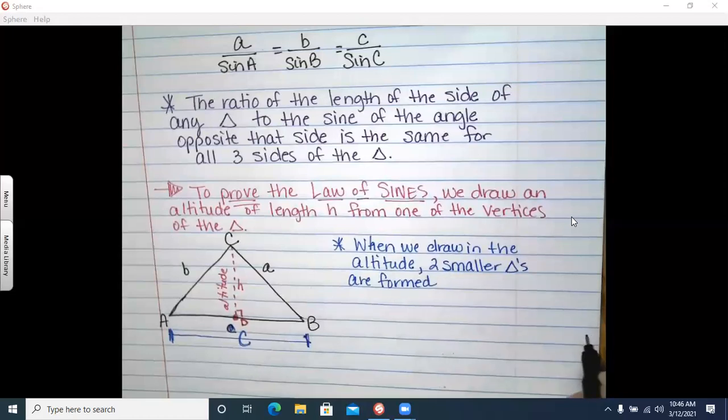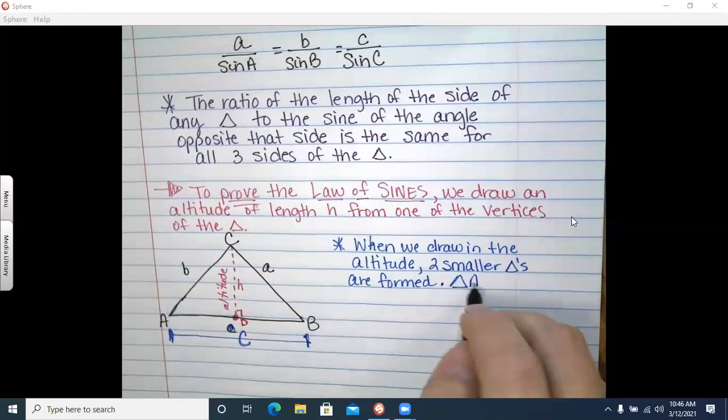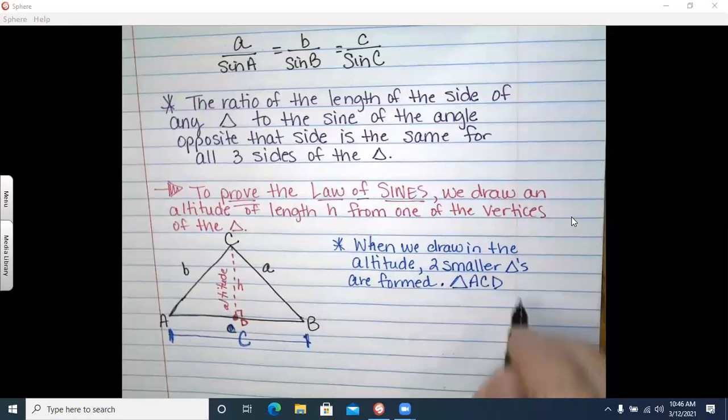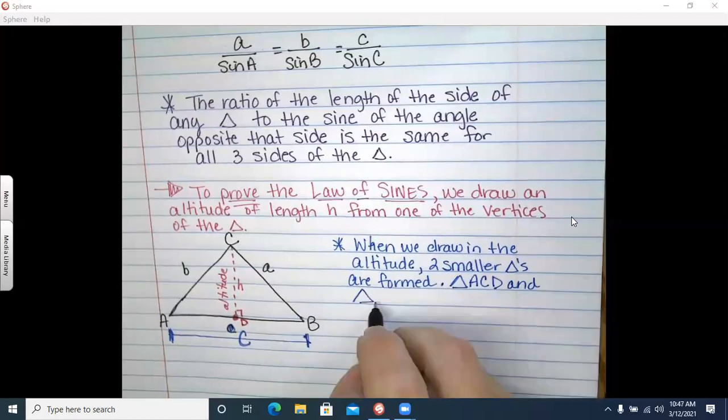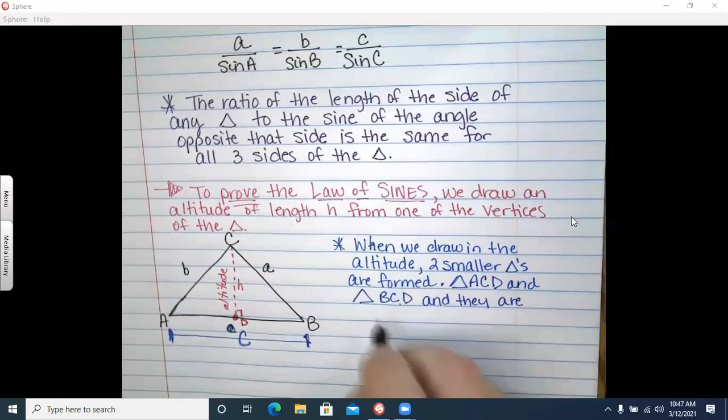We have triangle ACD and triangle BCD. And they are both right triangles.